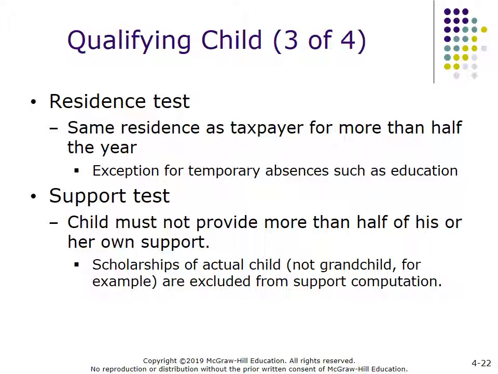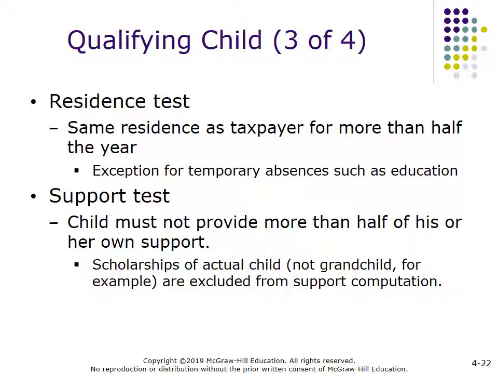Support test, and this is important because we're going to see there's a support test for a qualifying relative, but it's different. In the qualifying child, the child must not provide more than half of their own support. If the child provides more than half of their own support, taxpayer cannot claim that person as a dependent. Scholarships are not included in this computation.